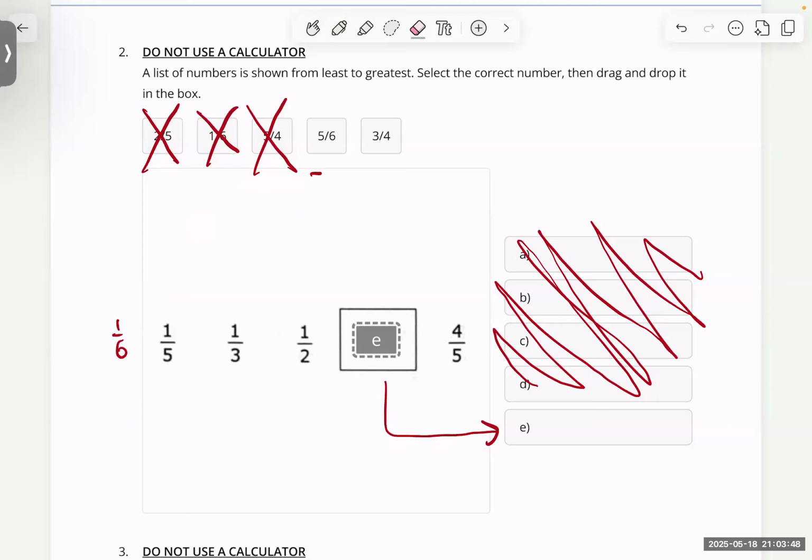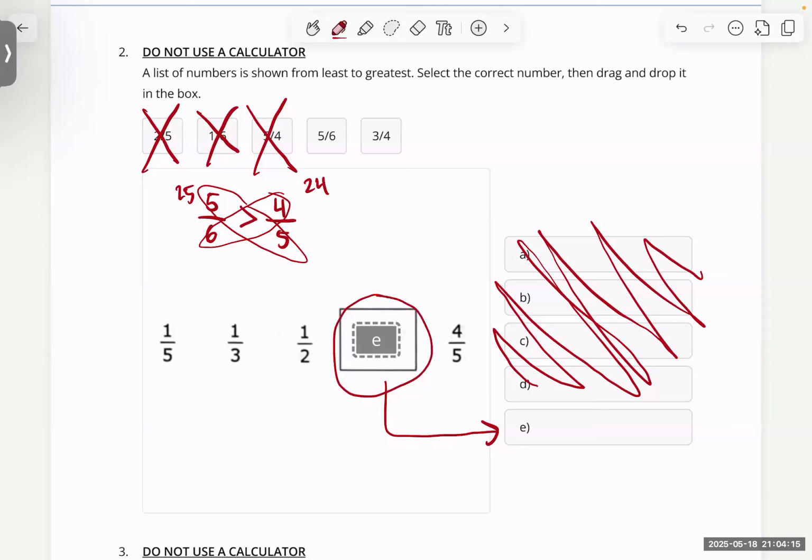Okay. Let's keep going. Well, I know for a fact 5/6 is bigger than a half because half of 6 is 3, but let's compare it to 4/5, which is bigger. 25, 24. Okay, so we see 5/6 is bigger, but again, we need a fraction that is smaller than 4/5.